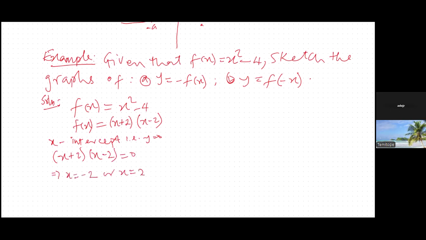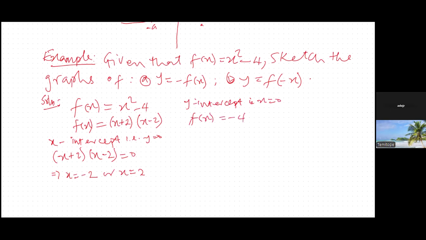Then the y-intercept is what? When x is 0, you have f of x, which is y, equal to -4.